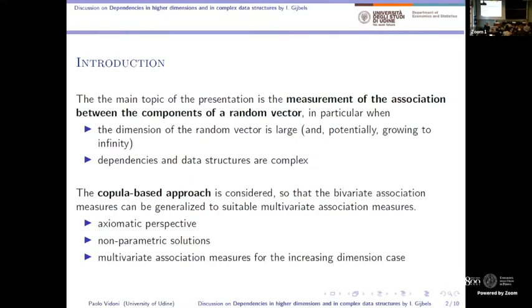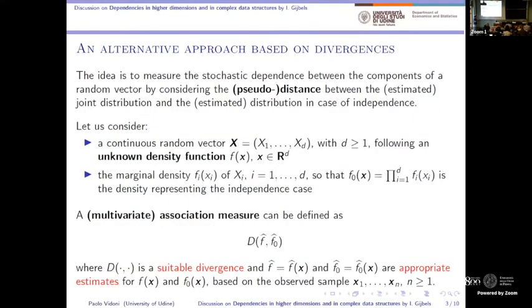So the main topic, as we have seen, is to measure the dependence when we consider a d-dimensional random vector with d greater than 2. Instead of an approach based on copulas, the idea is to follow an alternative approach based on a suitable notion of divergence.